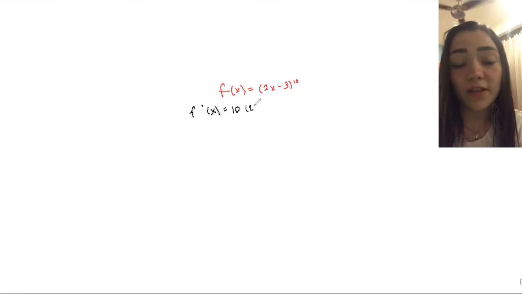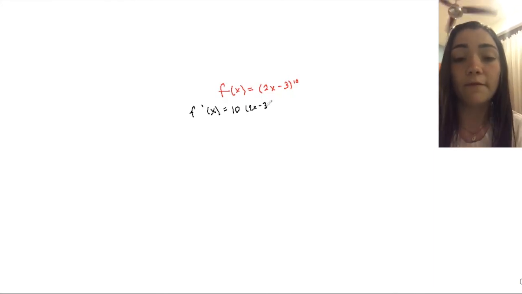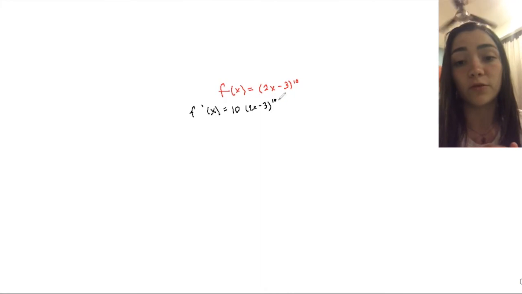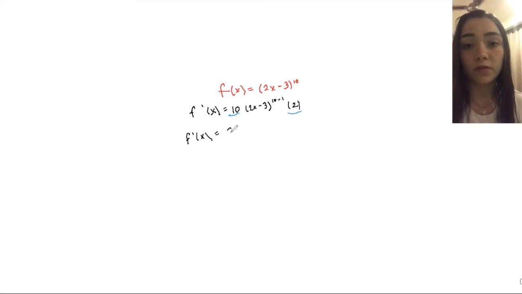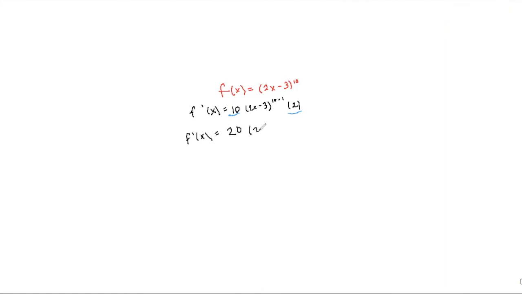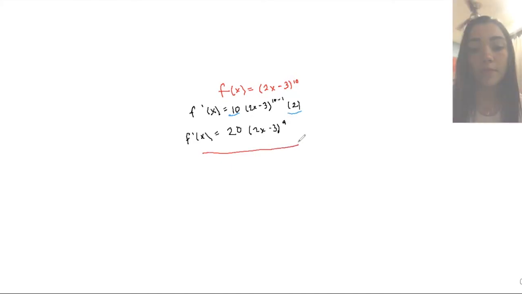So now we have the derivative of the function 2x minus 3, and we have the power n multiplied by the function to the n minus 1. The third instruction is to multiply. And there you have the final answer.